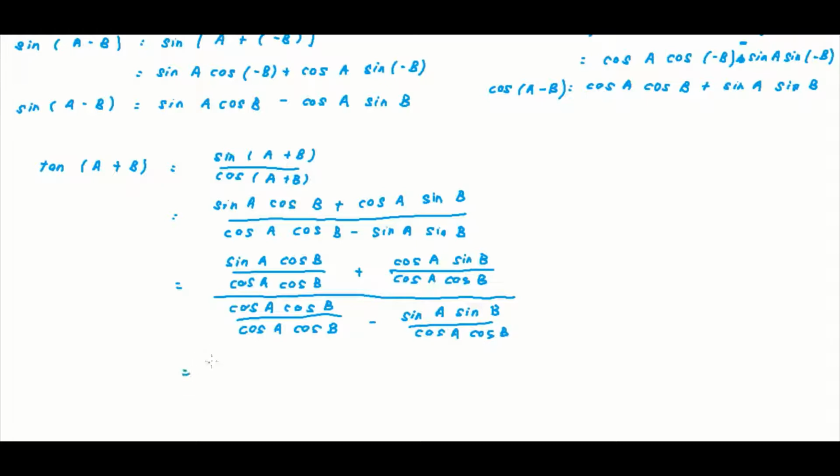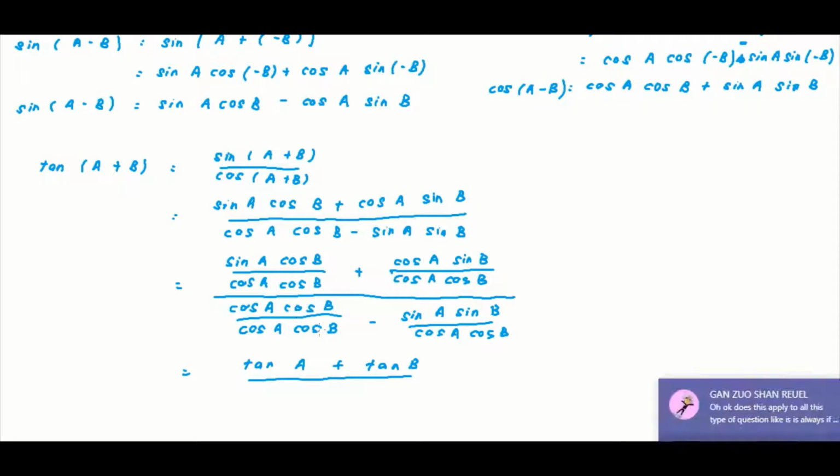So what do you have here? So you can see sine A cos B, cos A cos B. So cancel, you left with sine A over cos A, which gives you tangent A. Plus, same thing, cos A, cancel, then you have sine B over cos B, which give you tangent B. So you can realize that the whole term here is the same. So that's why you left with 1.